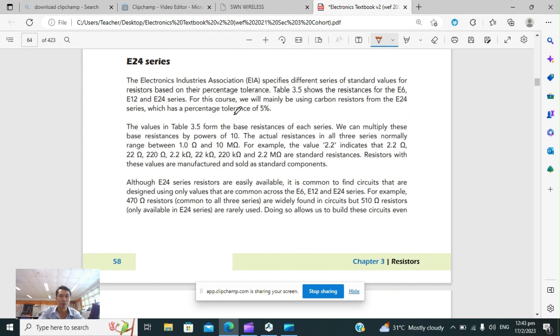Next part, the E24 series. The manufacturer doesn't, of course, manufacture every single value of a resistor. It doesn't manufacture a 100 ohm resistor, 101 ohm resistor, 102 ohm resistor. It's impossible to manufacture so many different kinds of resistors.